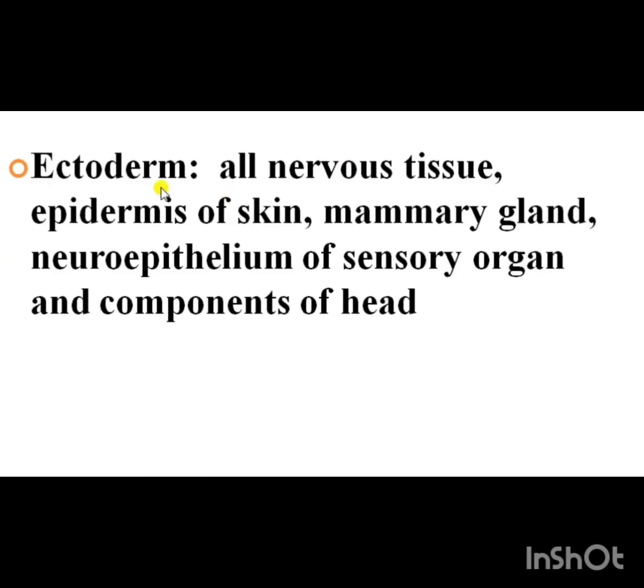The structures produced from the ectoderm are all nervous tissue, epidermis of skin, mammary gland, neuroepithelium of sensory organs and components of the head. So the nervous system develops from ectoderm.